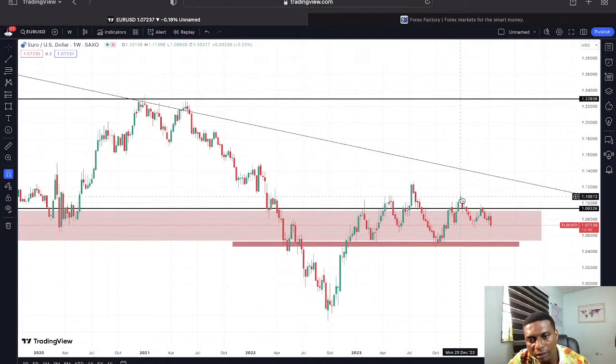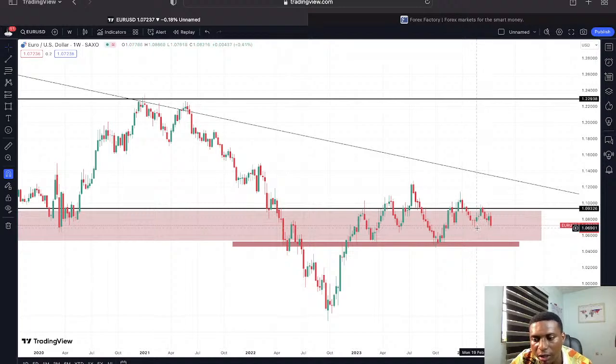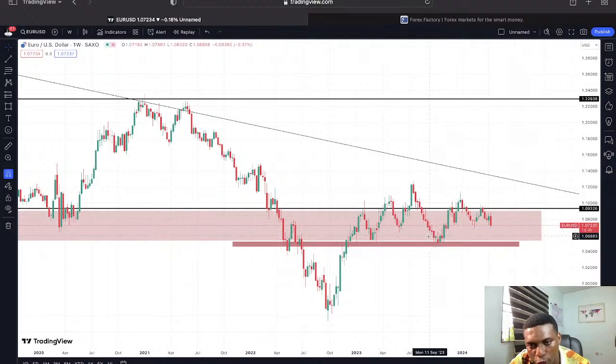Then we see market come down again, but when you observe it closely, market did not close below this level, it closed above this level. It's showing that there is still so much buying power from this support zone.